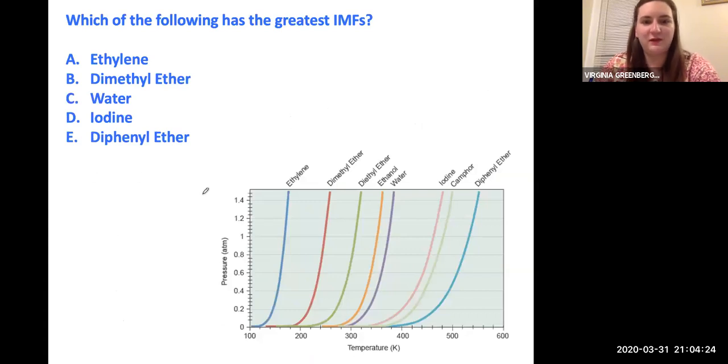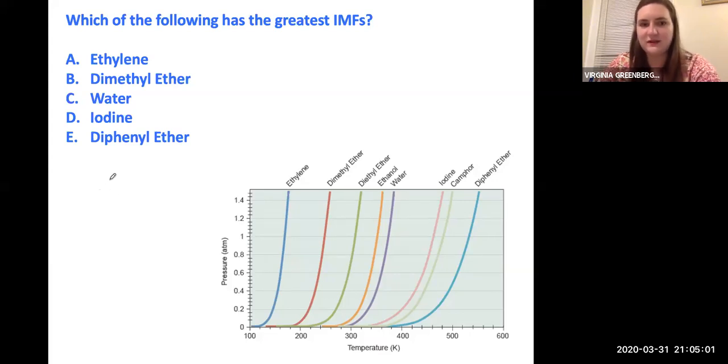And before we do that, I'm going to go ahead and pick out which of these liquids from the graph will have the highest intermolecular forces present. Okay, so take a second to pick out which gas you think has the highest intermolecular forces. Okay, so we know that vapor pressure is the result of molecules bouncing out of the liquid phase into the gaseous phase.